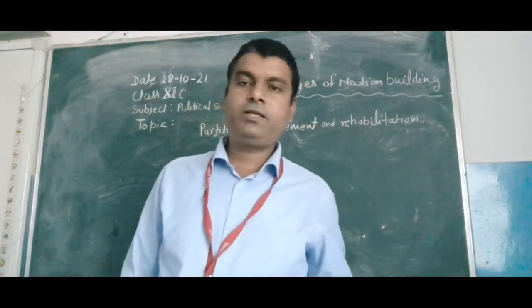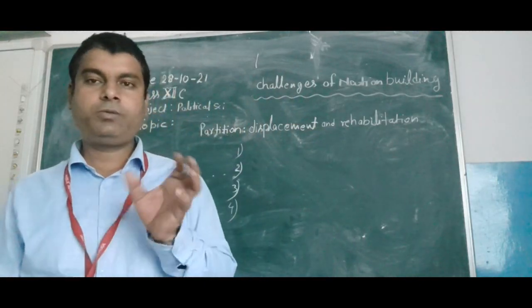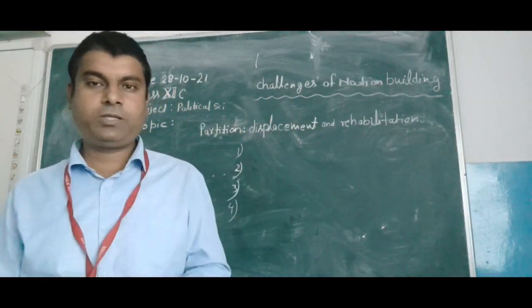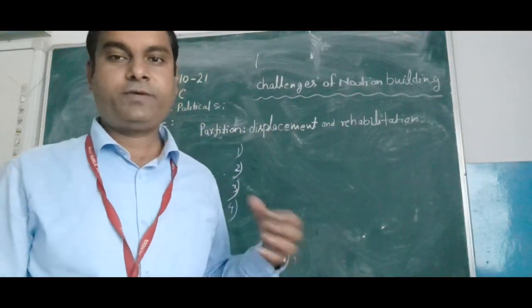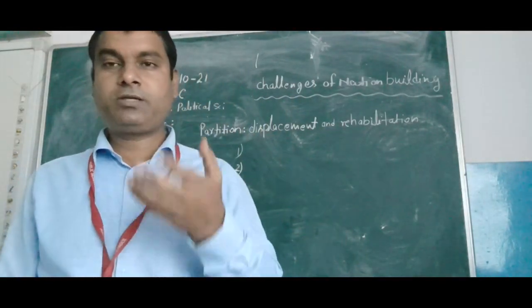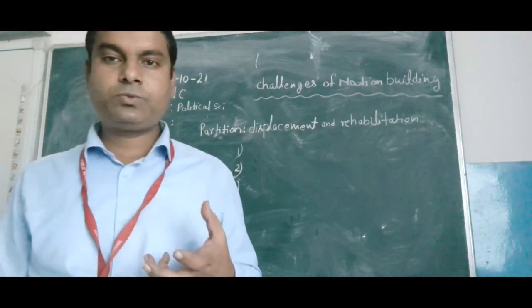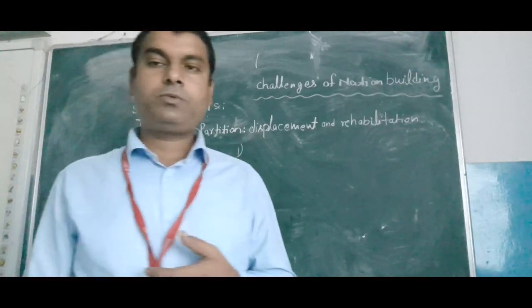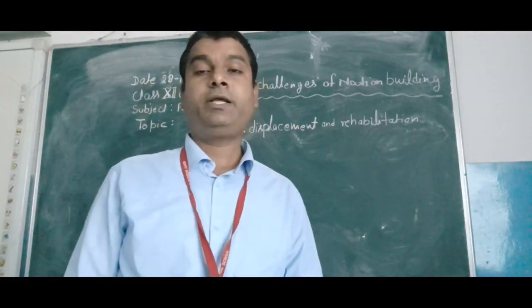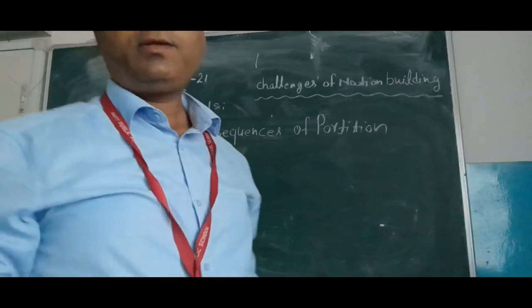When the leaders were going for partition, they had no idea how the people would migrate from one part of the country to another. Like the Hindus living in Western Pakistan and Eastern Pakistan, how would they come to India, and the Muslims living in India, how would they go to Pakistan. There was no idea about this.